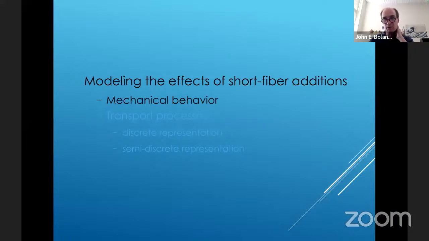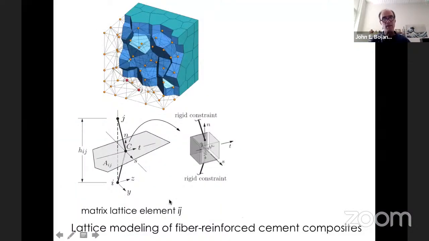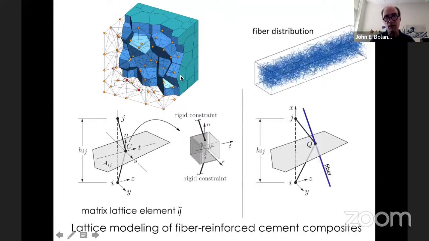So many of the applications, if not all, involve some sort of reinforcement, either steel bars or short fiber additions. We've modeled short fibers by starting with the same rigid body spring network, following the ideas of Professor Kawai, and then randomly placing fibers within the domain, and wherever a fiber crosses a Voronoi facet, we introduce a fiber element.